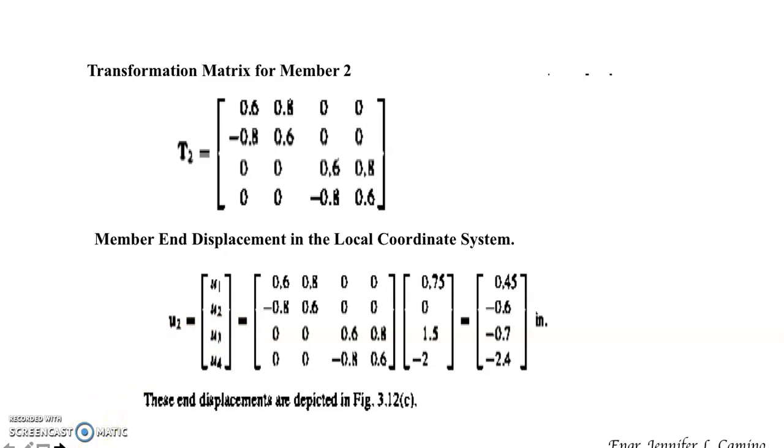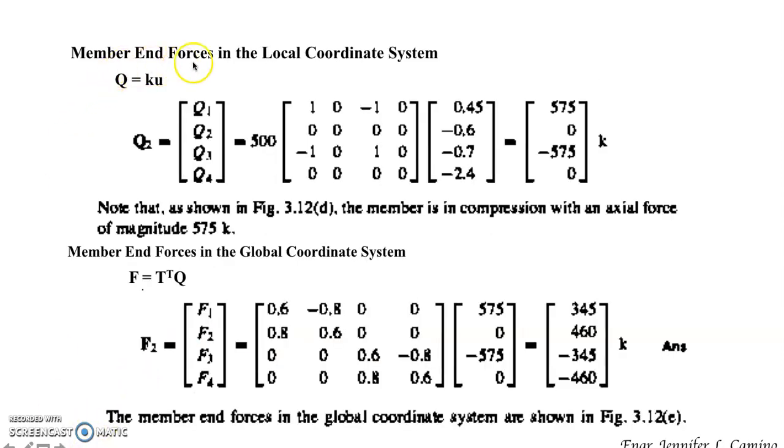Then afterwards, you're going to get the member end forces in the local coordinate system. You simply have to use the equation Q is equal to K times U. You simply have to substitute the value for K, substitute the value for U, and simplify through operations of matrices. And you have now the values for Q1, Q2, Q3, and Q4 for member 2.